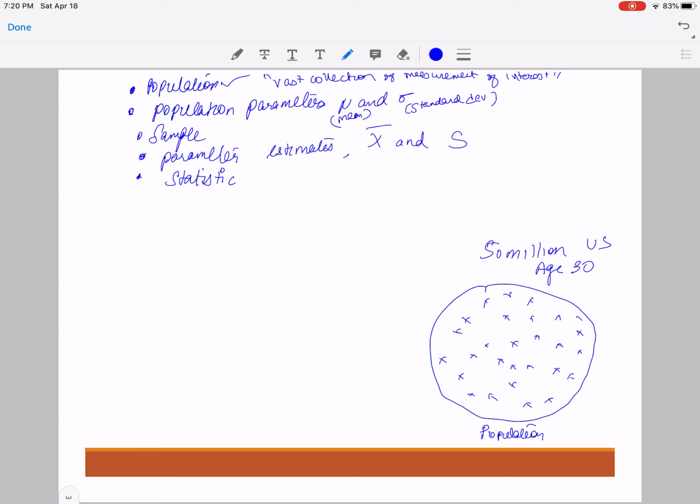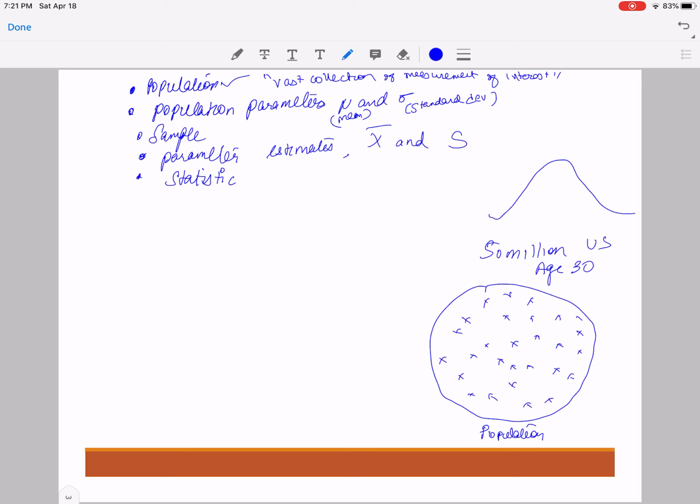So the mean is going to tell me what the average weight is for the US individuals that have age equal to 30, and the standard deviation is going to tell me how much the data is spread about this mean. So that gives me a good indication as to how the underlying distribution may actually look like.